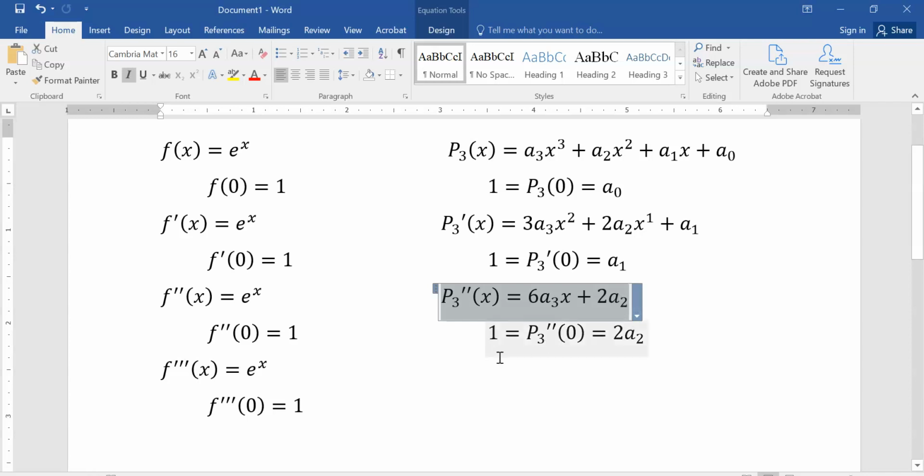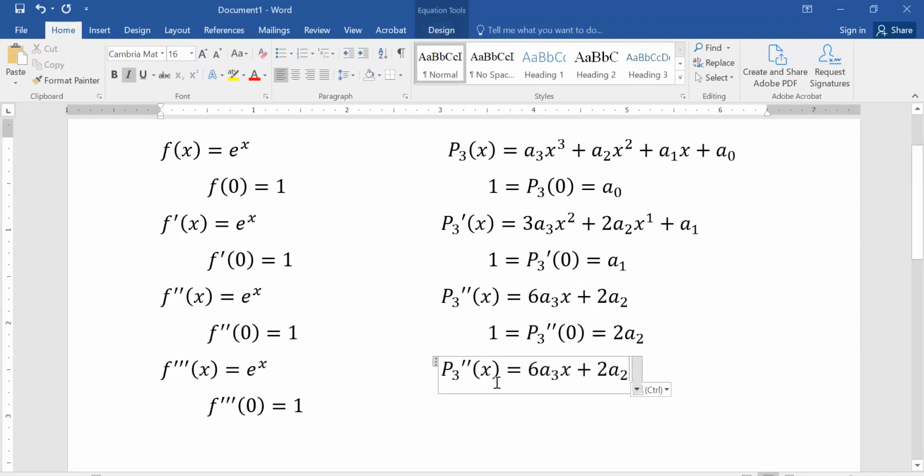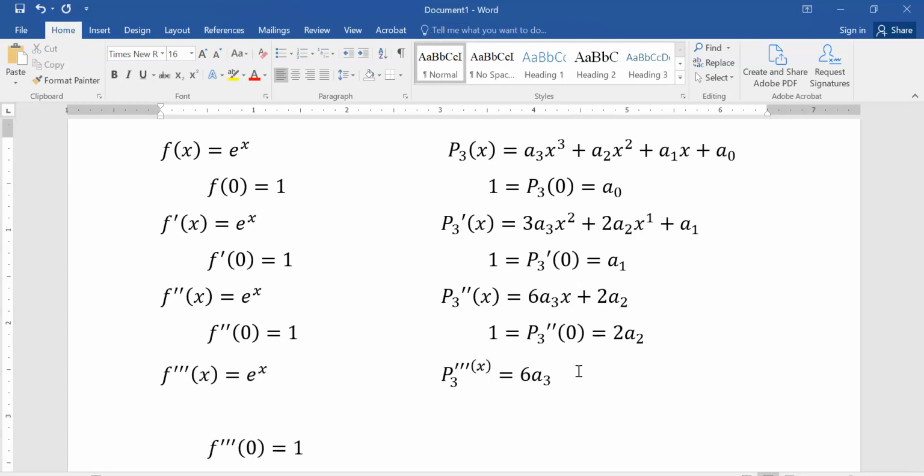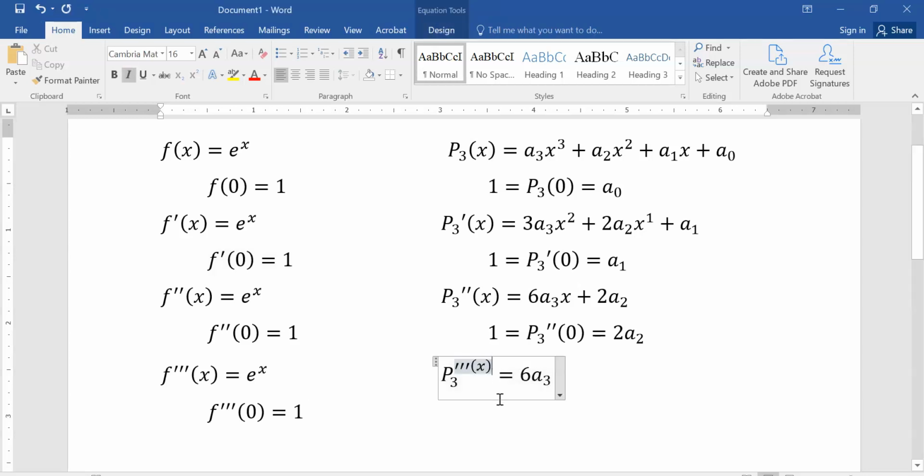Now, the last step is the third derivative. When you take the third derivative, you get 6a3. Plug in 0.